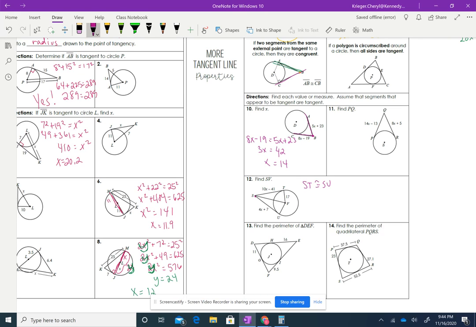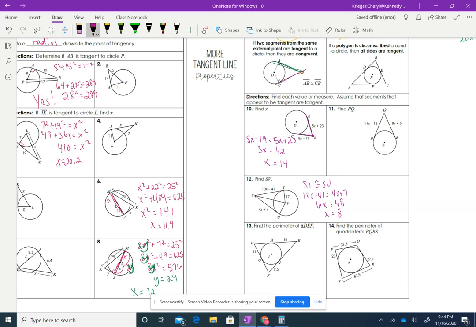So here we go. I have 10x minus 41 equals 4x plus 7. I'll subtract 4x from both sides and add 41 to both sides. That's 6x equals 48, and x equals 8.